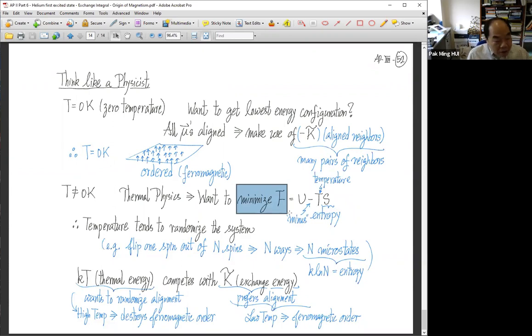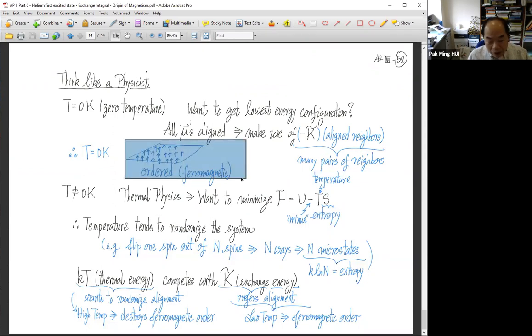So summarizing, that is the common sense phrase, temperature tends to randomize the system, okay? Behind it is that by randomizing it, S increases, this minus TS term increases, so it may help to minimize F, okay? Now, how to think about this entropy term?